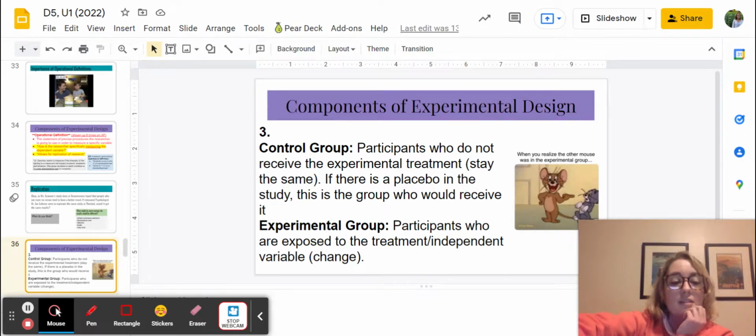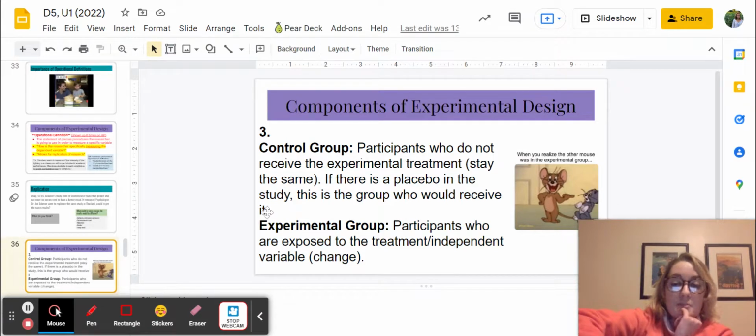So we said the control group is the group that does not receive the treatment or the independent variable. And the experimental group is the one that does receive the treatment or the independent variable.